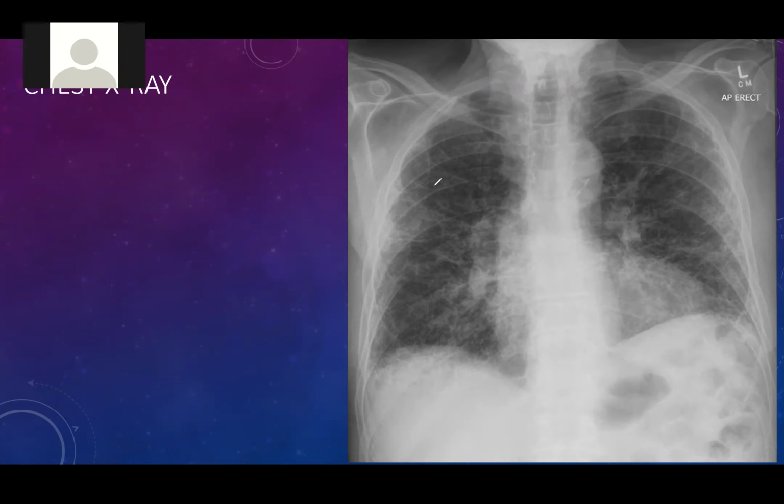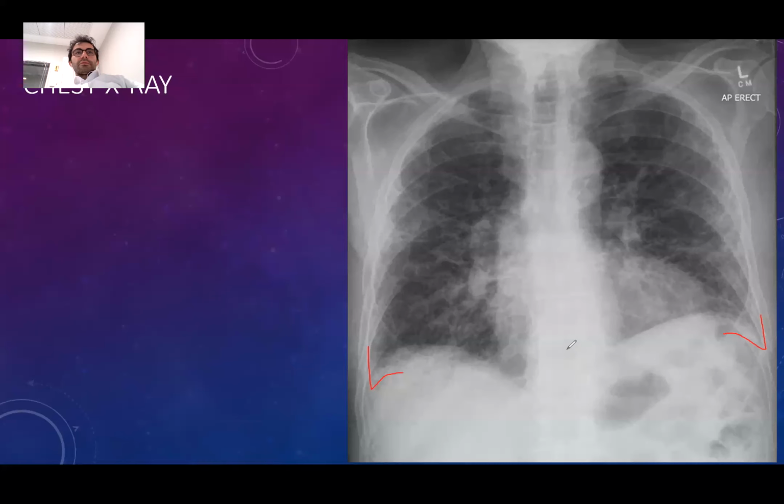Okay, for the lungs, it's like increased opacity all over. How do you define the opacities? I'm searching for the curly B lines. I asked about how do you define the opacities?